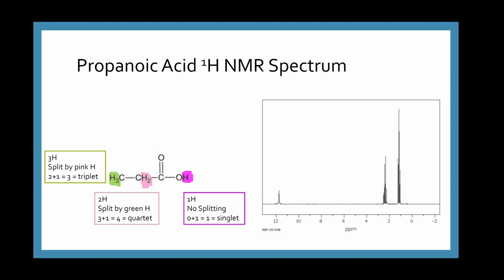Also, if you recall, carboxylic acid hydrogens, so that's the bright pink 1H, has a very high ppm. And you notice we have this signal here with a very high ppm, and it is a singlet. That is the OH hydrogen.